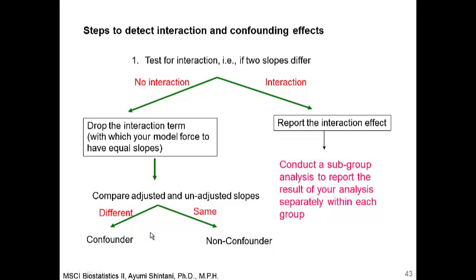You run the analysis including age and BMI, and that gives the age-adjusted effect of BMI. And then also conduct an analysis just including BMI in the model, and that gives the unadjusted effect of BMI, and then compare if the two effects differ. If it's different, you may conclude age is a confounding factor on the association between BMI and F2 isoprostane.